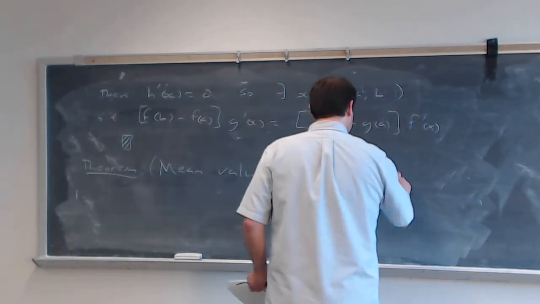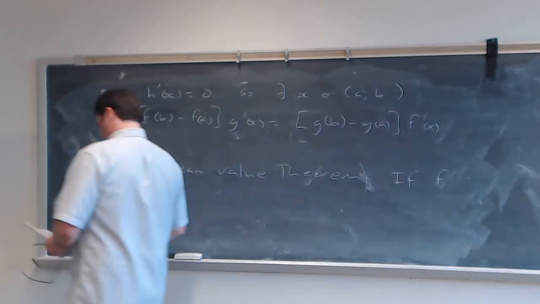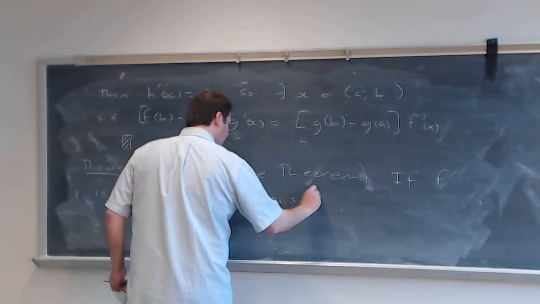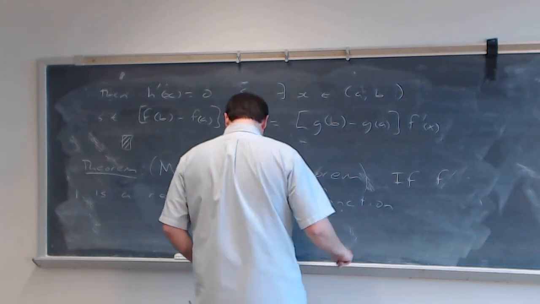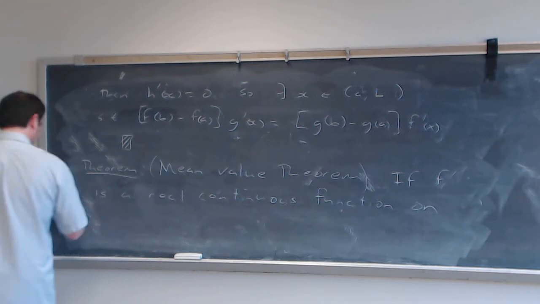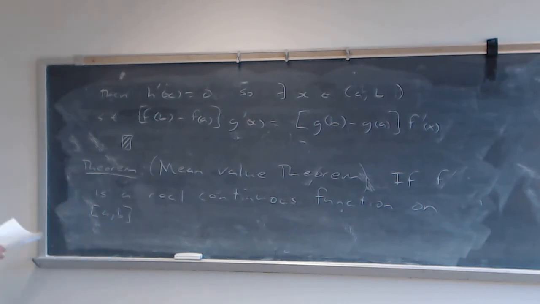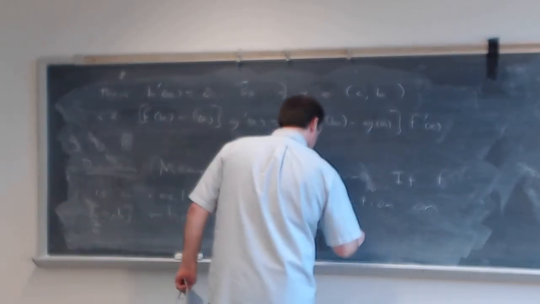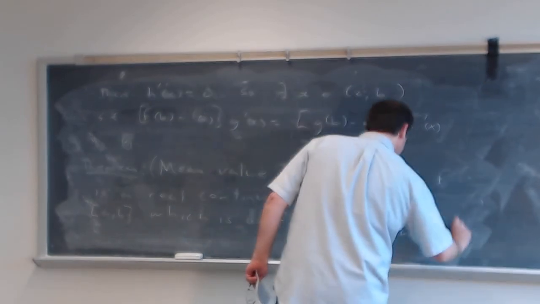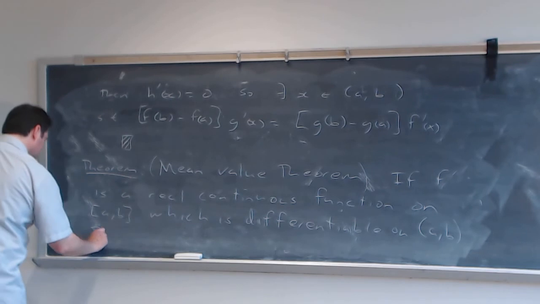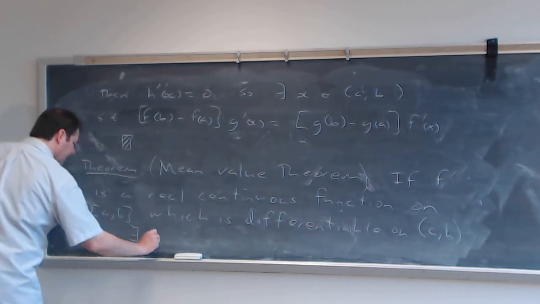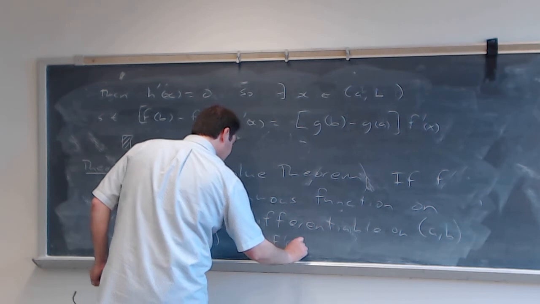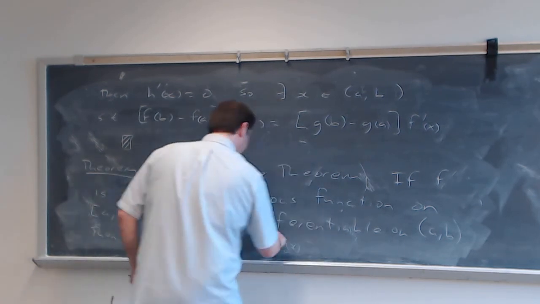Okay, so here's the mean value theorem. Here's what it says. If f is a real continuous function on the closed interval from A to B, which is differentiable on the open interval from A to B, then there exists an x element of the open interval from A to B such that f prime of x is equal to, well, here's the way it's written.